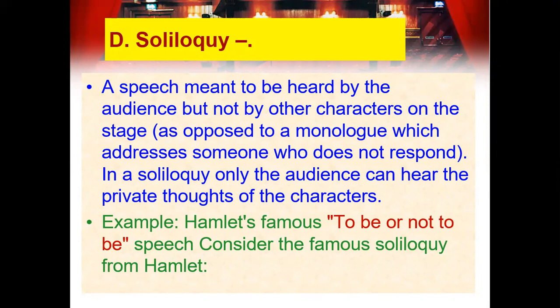In a soliloquy, only the audience can hear the private thoughts of the characters. A very important and famous example of soliloquies is Hamlet's soliloquy, "To be or not to be."